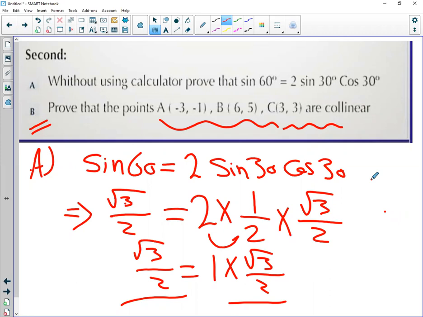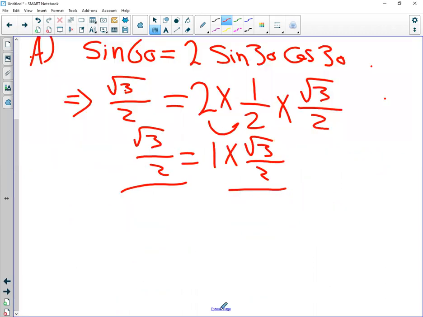Okay, letter B: prove the points A, B, and C are collinear. Who can tell me the answer? Okay, Mariam, let's continue.